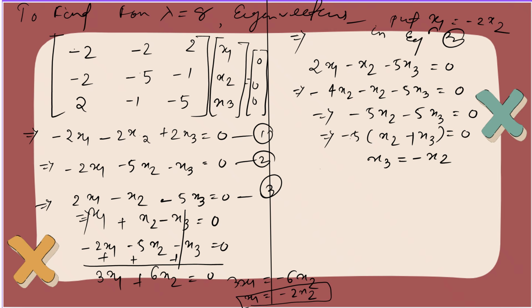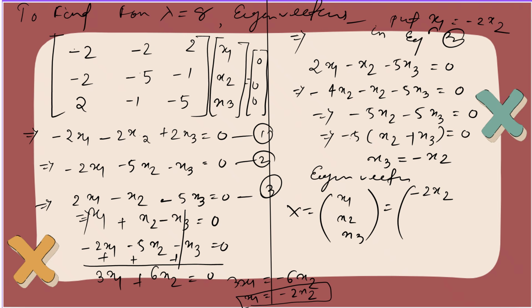Now you have to write the eigenvector easily. Eigenvector capital X is x1, x2, x3. Simply you have to write x1 is equal to minus 2x2, write x2 as it is, and x3 is equal to minus x2. Now you have to take x2 is equal to k, and this k is nothing but 1.